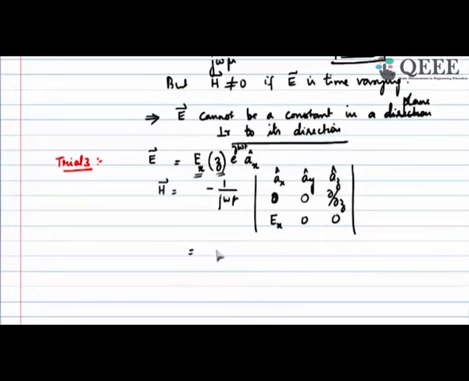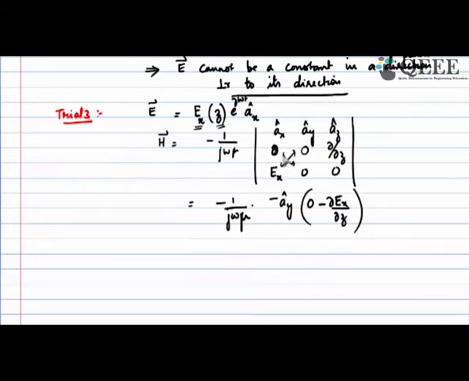In this case, this is minus 1 by j omega mu, ax component is 0, y component is minus ay times 0 minus del ex by del z, and z component is 0, because this determinant is 0.